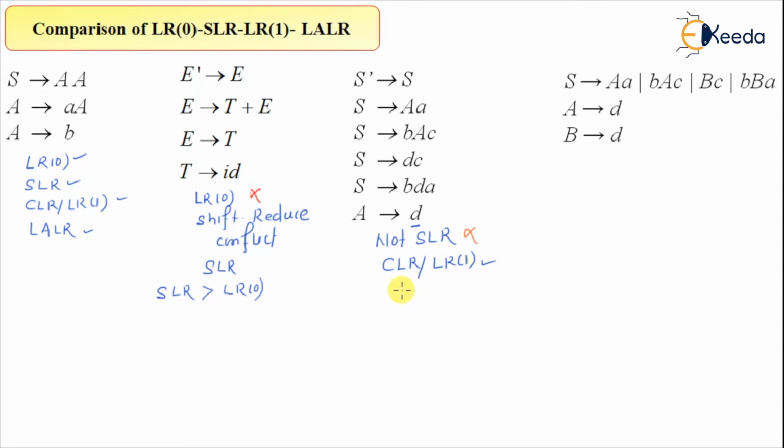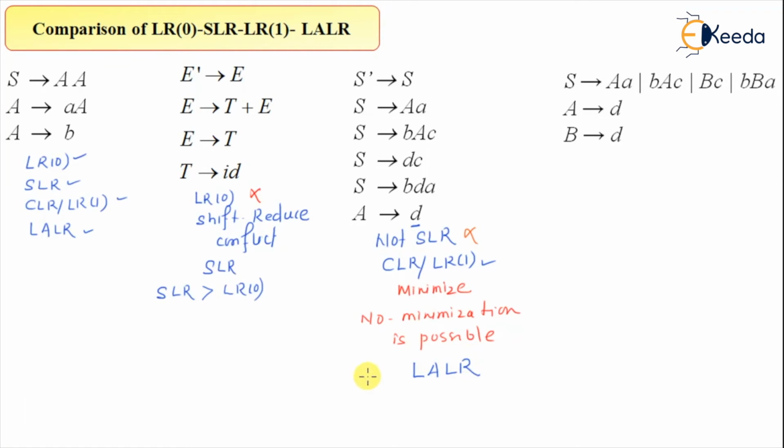Then I tried to minimize this LR1 collection, and I find that no minimization is possible, and hence this was also in LALR. So this was an example which was in LALR.